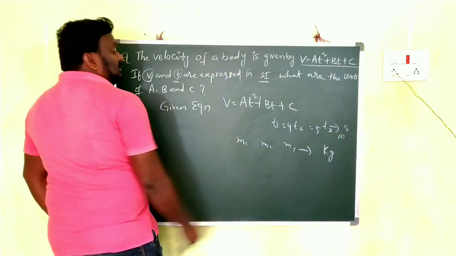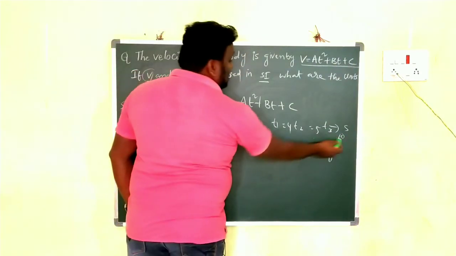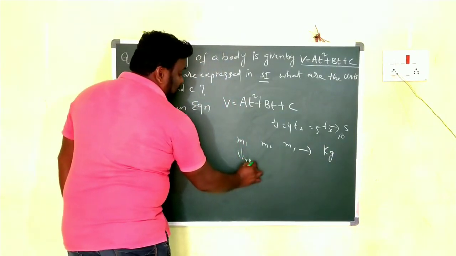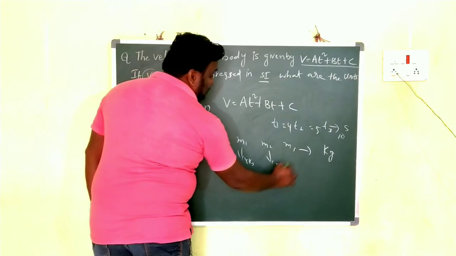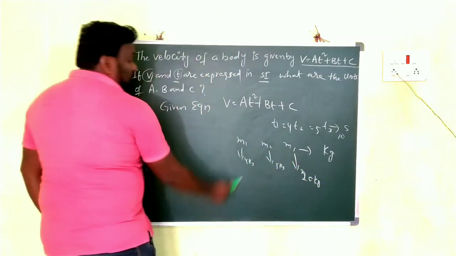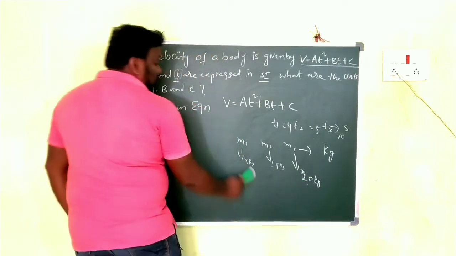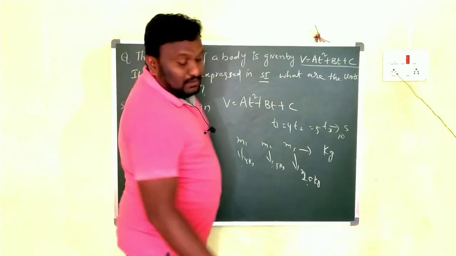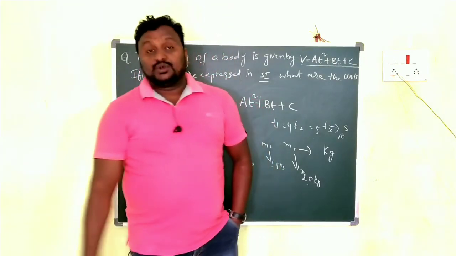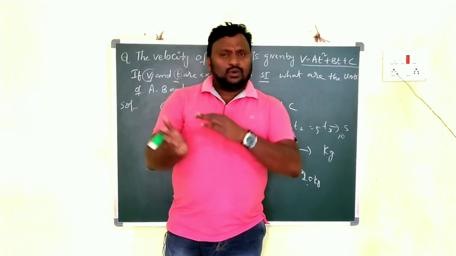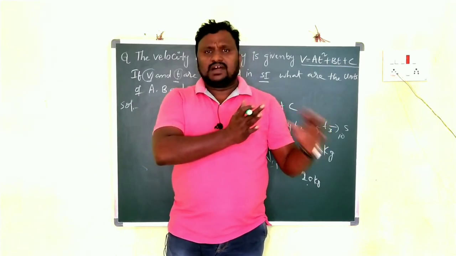The total time is 4 + 5 + 10. For mass, m1 is 4 kg, m2 is 5 kg and m3 is 20 kg. 4 plus 5 is 9, 9 plus 20 is 29, so the total mass is 29 kg. Here we are simply adding mass values.